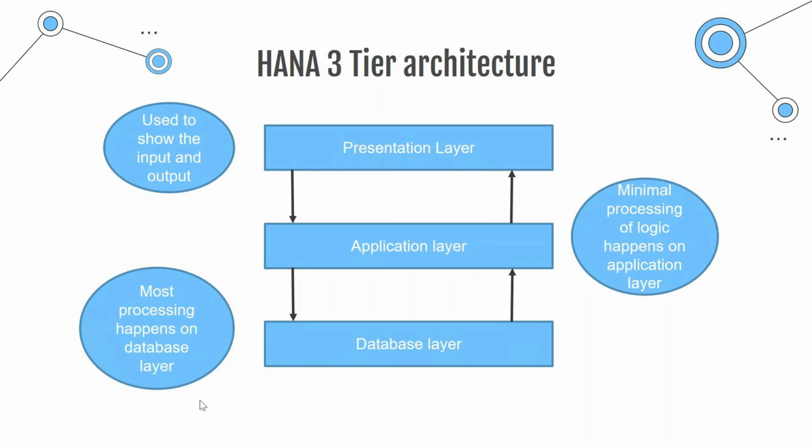The only difference is that in an ECC system, you cannot put more load on the database, because that would break the system, whereas in your HANA system you have the flexibility to put more load on the database. Okay, so this is the primary difference between our architectures, how it works behind the screen, right?